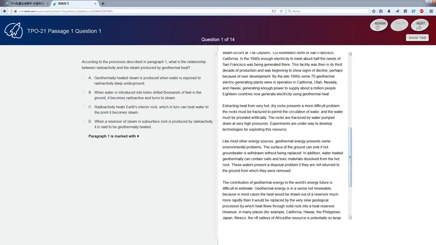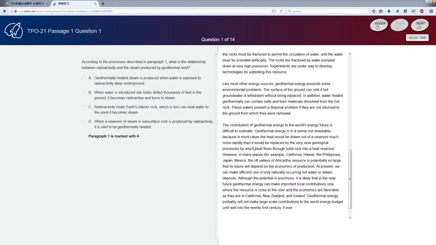Here it's talking about environmental problems of geothermal energy. And in the last paragraph, the contribution of geothermal energy to the world's energy future is difficult to estimate. So it's moving the topic to a different perspective, where it's talking about the future of energy from the geothermal side.